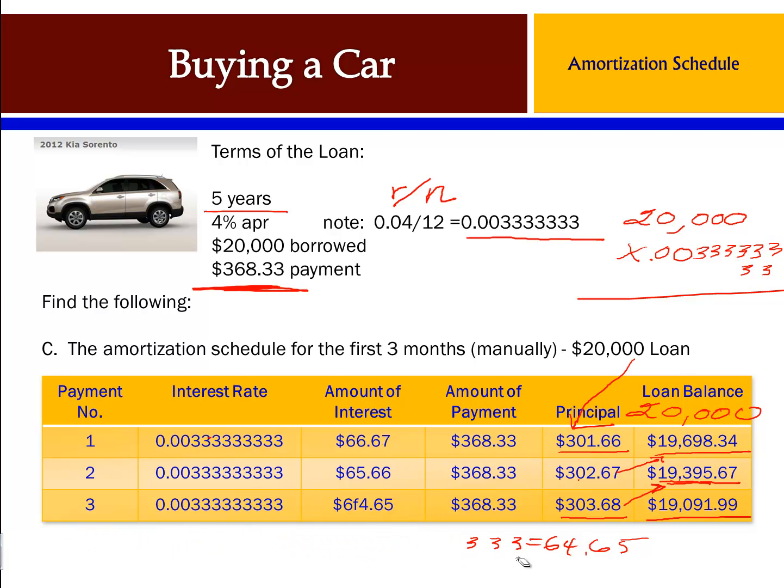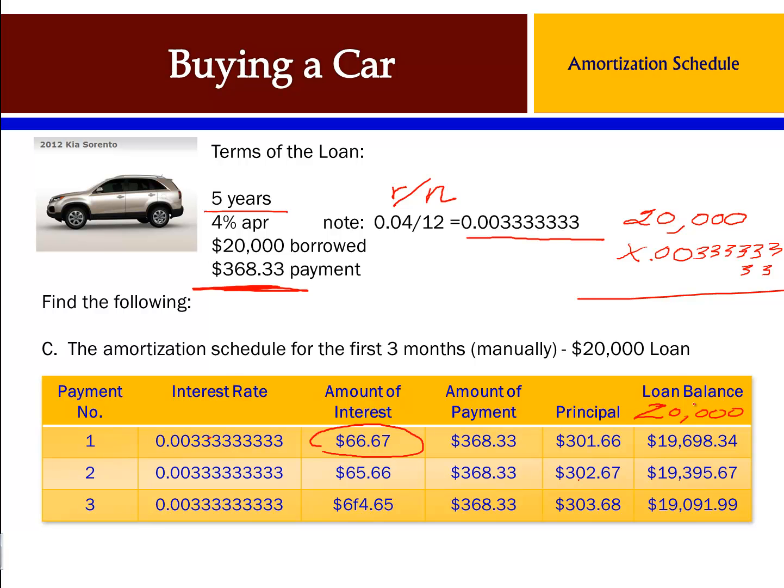So I just want to take you through it one more time to make sure you get it. And this time I'm going to add the $20,000 up here because that's our loan balance when we start. Where does the $66.67 come from?